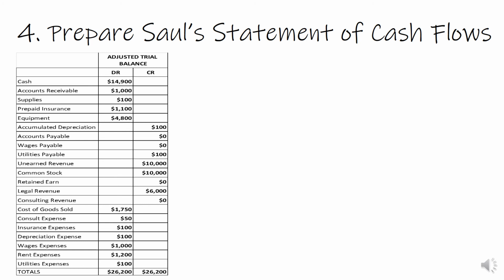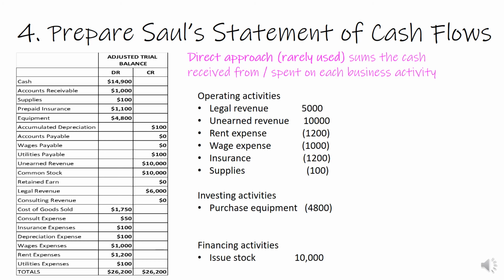The final statement that we would prepare is the statement of cash flows. Although we won't run through this process in this video, it's important to note that there are two primary ways of computing the statement of cash flows. The first is via the direct approach. This is more practical for small businesses like Saul's, where you're only making a few cash transactions each period.